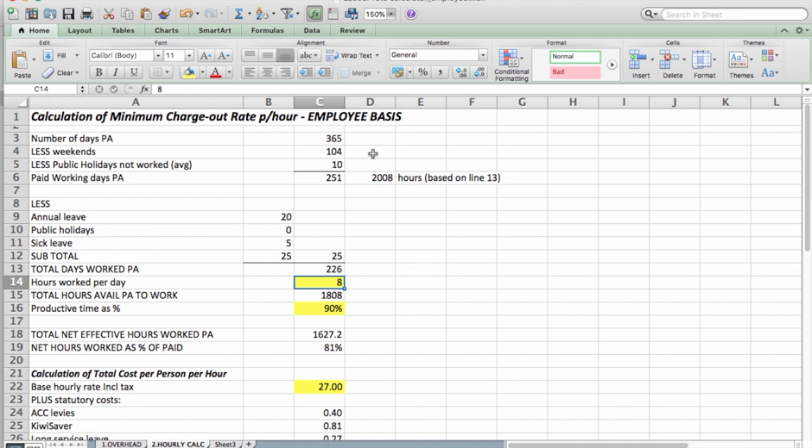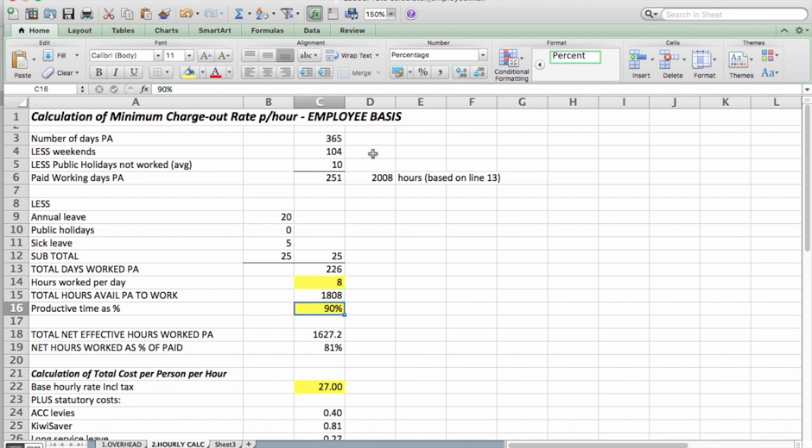And again, I have made another assumption. You can change the figures in the yellow boxes in the spreadsheet. So 8 hours a day, they're available to work around about 1,800 hours per year.